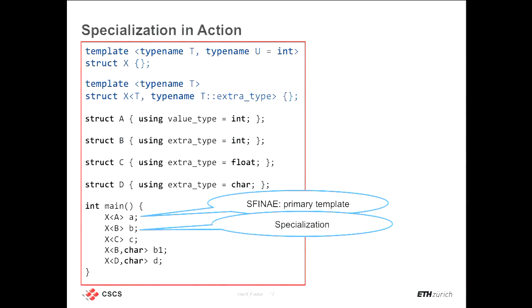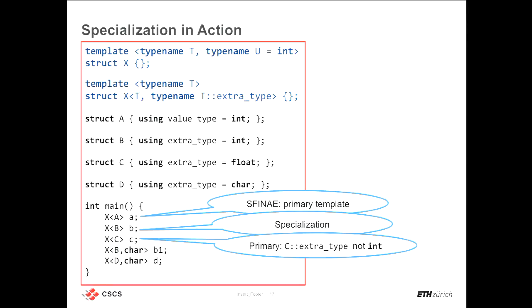XC goes to the primary template, and there's no second argument, so it searches for C and int. Now C extra type is float. So it's not int. It's looking for C and int, which means this goes to the primary template.